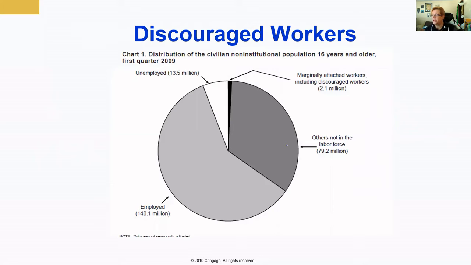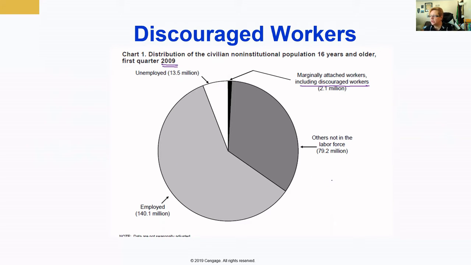Here's an example. And again, this is a little dated, but I think it gives you a good example. Here's 2009, and we have the number of people unemployed in the white area. Those marginally attached, including discouraged workers, here in this black slice, and then others not in the labor force. And those would be, again, disabled, retirees, and so on. Notice a pretty large percentage. And then in the light gray, we have those that are employed. So you can get a perspective of how large these percentages are and how much of a problem it is.